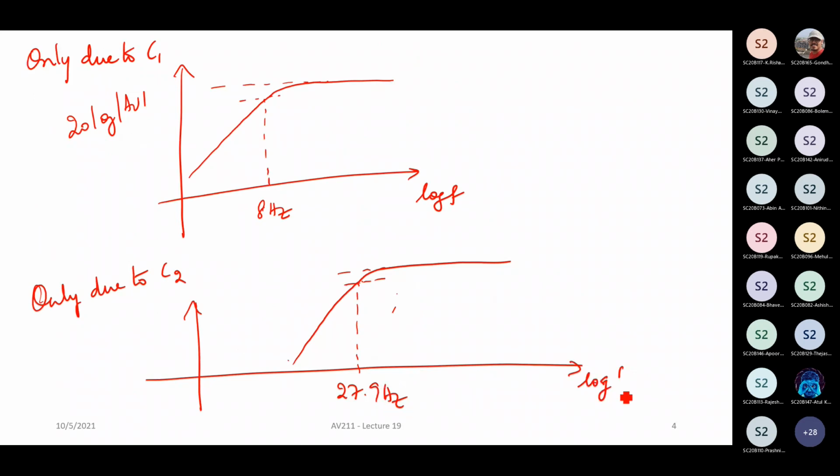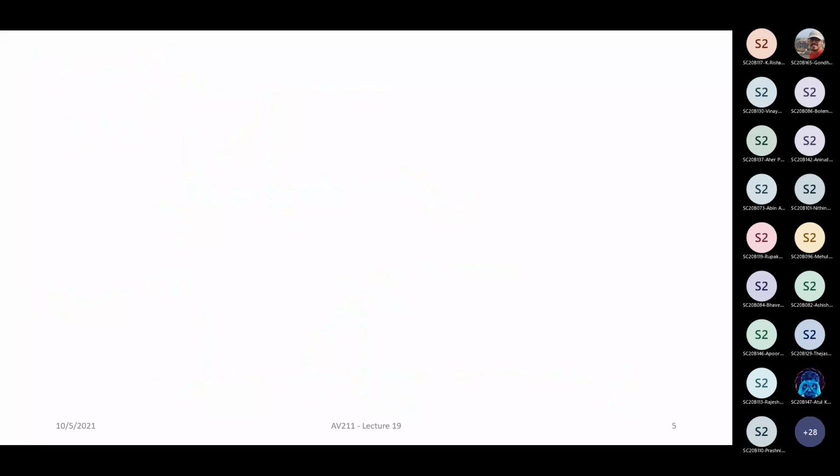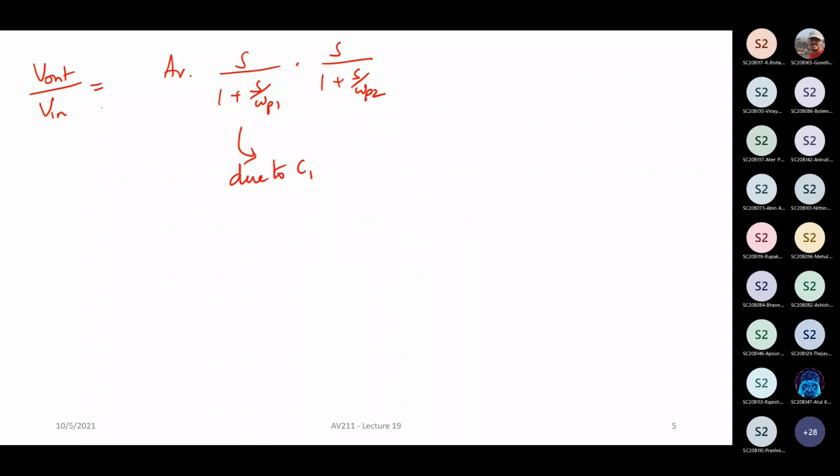Now, what happens when you put two of these together? All right. Let's first see what happens mathematically. Let's say V out by V in now becomes AV times S by omega P1 over 1 plus S by omega P1, into S by omega P2 over 1 plus S by omega P2. This is a very general way of writing, right? You have one pole, let's say this is due to C1.